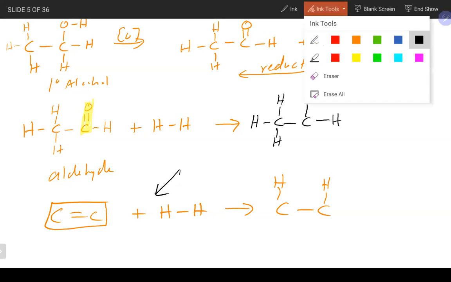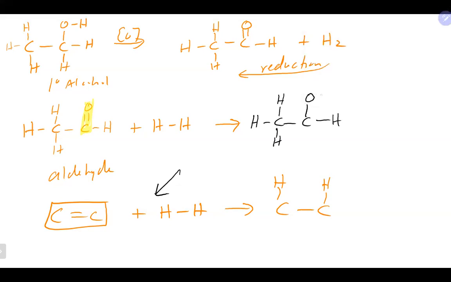You would put a hydrogen in both places, just like we took it off. We would put the hydrogen there, and we would put the hydrogen back there. I'll just put circles around them. And what we get back is our aldehyde back to our primary alcohol.